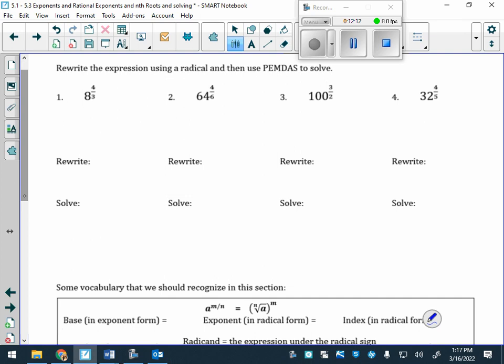Okay, we have 8 to the 4/3. So how would I rewrite that in radical form? Yeah. Okay. So I tend to write it with the parentheses here, so you take care of the root first instead of raising it to the 4th. Okay, so the cube root of 8, which again, just to recap, you're looking for 3 of a kind.